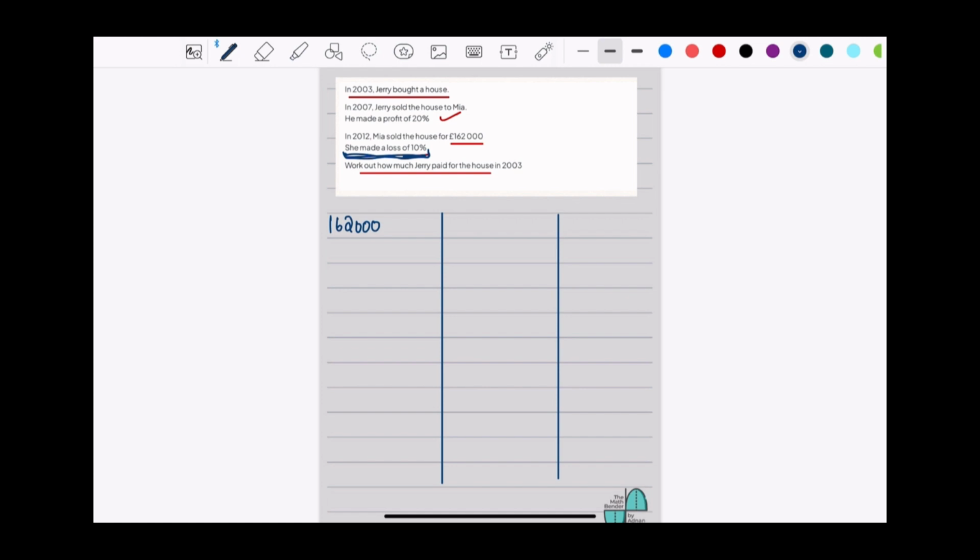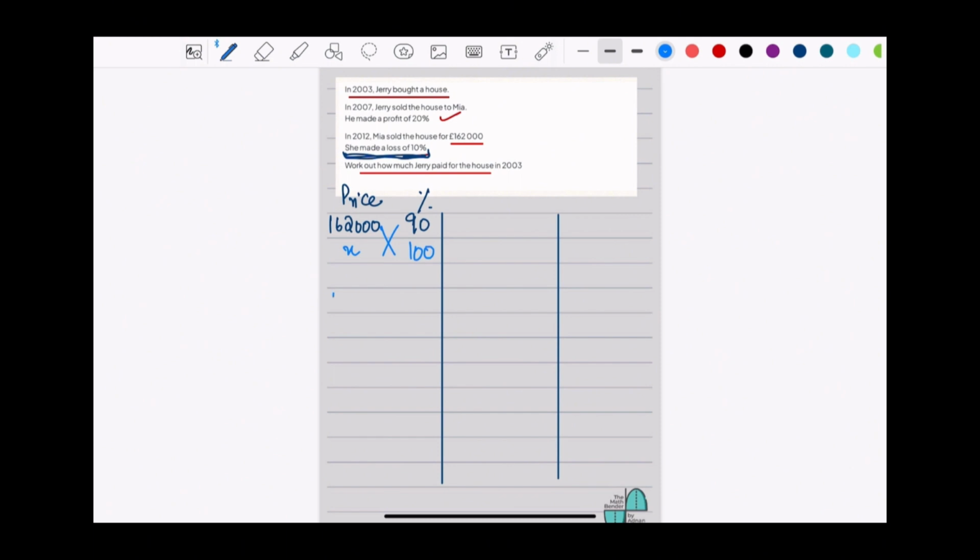So in terms of percentage, after a 10% loss, she was selling at 90% of the cost. This is the price of the house which she was selling at. So let's find out the original price that she had bought it for, which was 100%, which is X.